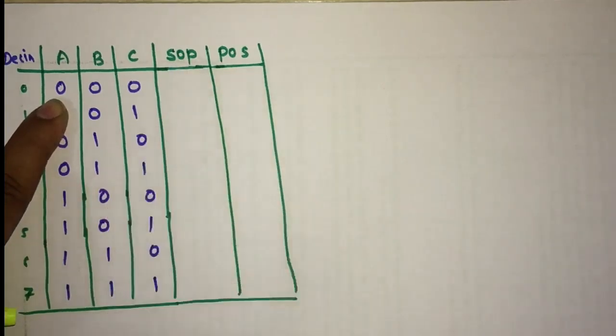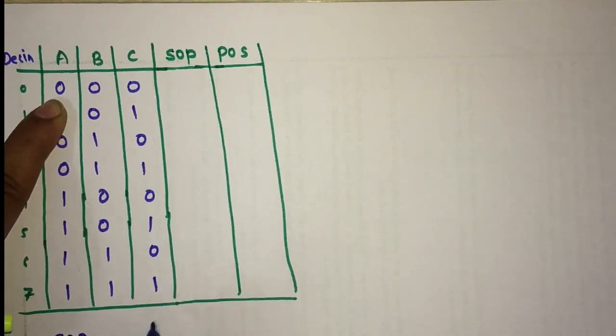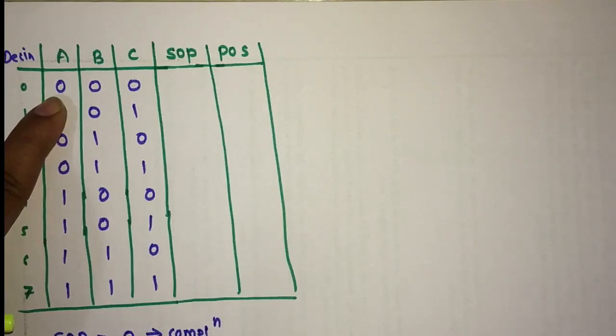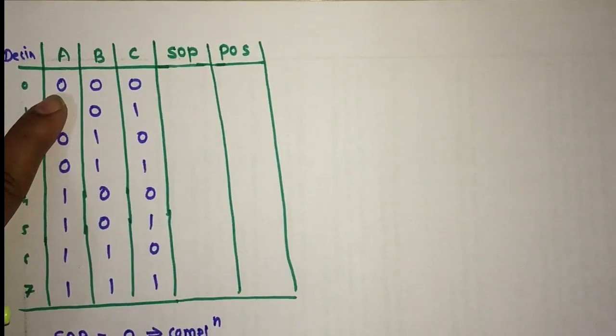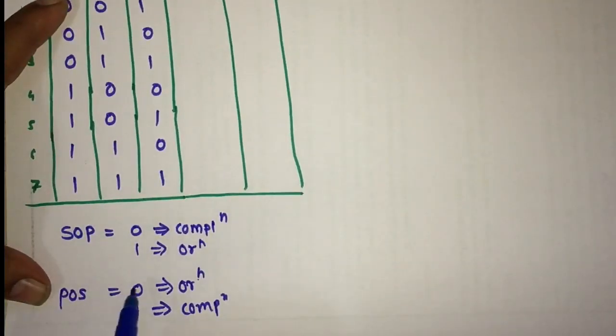And for SOP, 0 value will indicate complement and 1 value will indicate the original value. And in case of POS, 0 will indicate the original value and 1 will indicate the complement of the variable.